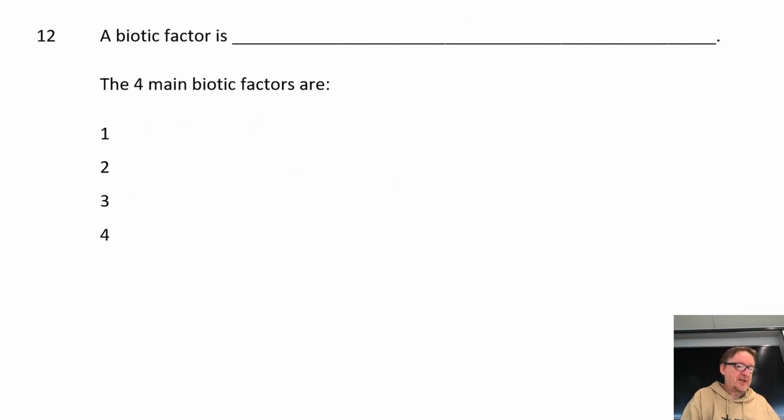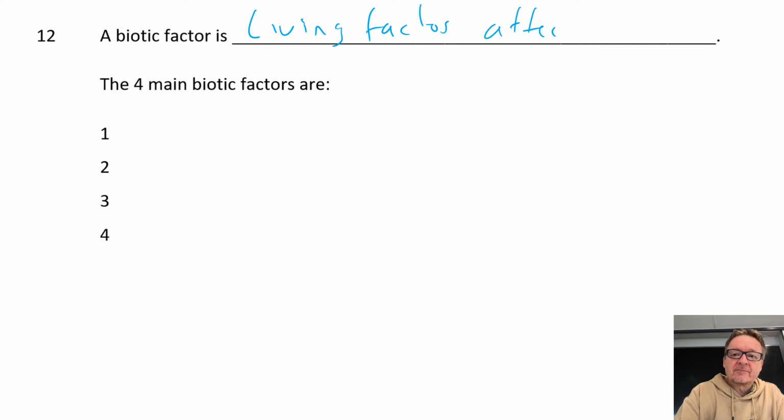Abiotic factor, right? So if abiotic is non-living, a biotic factor is a living factor affecting a community.